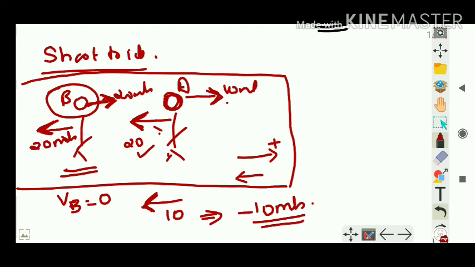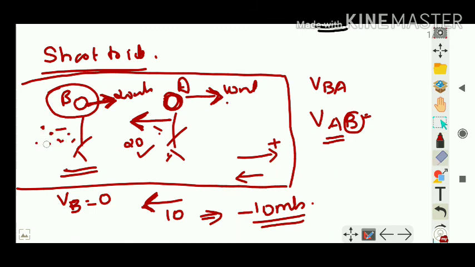That is V_AB, the velocity of A with respect to B. We can use the same method for V_BA also.